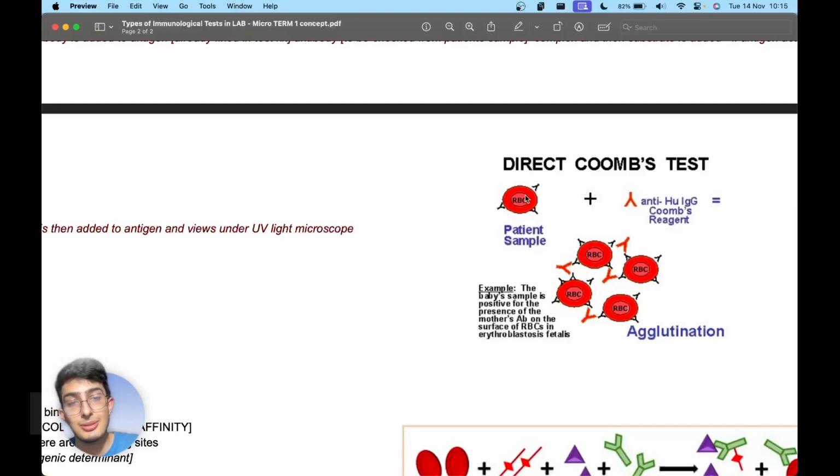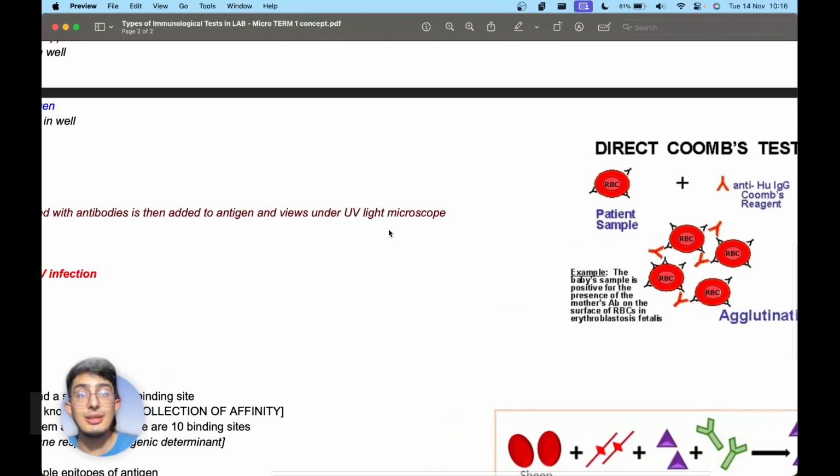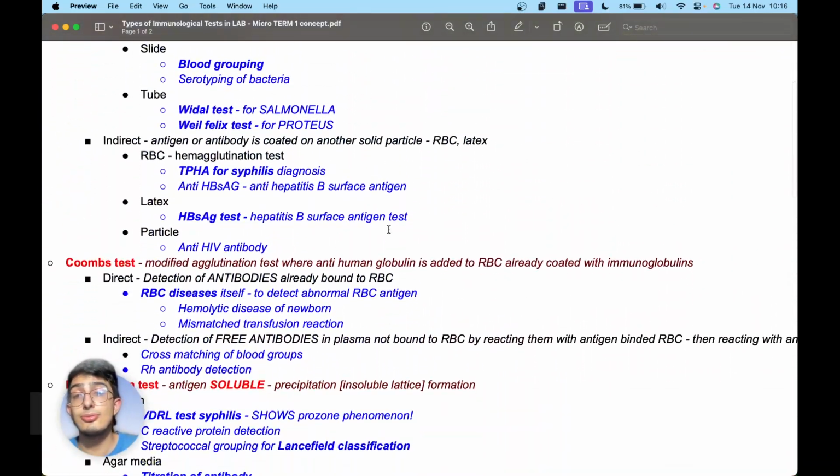Because that's what happens in hemolytic anemia. And if the patient has hemolytic anemia, and then to this antigen-antibody complex we add the anti-human immunoglobulin, it will start forming clumps. That is known as the Coombs test, right? Then we can say that the child has autoimmune hemolytic anemia. That's the basic principle of the Coombs test, right?